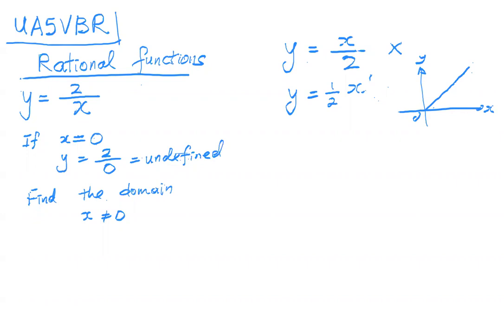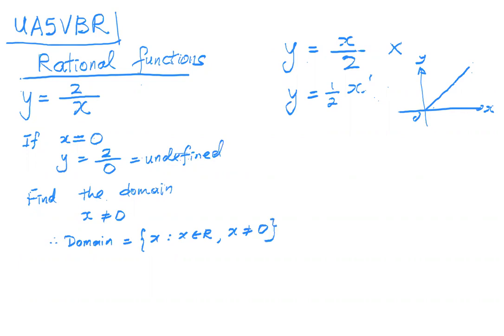So therefore, I will put it like that. The domain equal to x, x is a member of real numbers, can be any real number except x cannot be equal to 0 for this case.